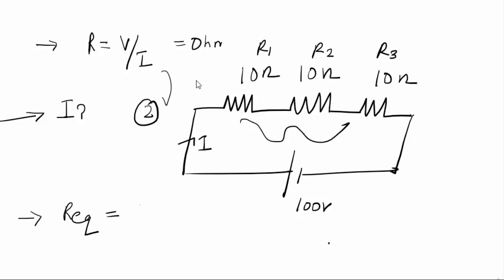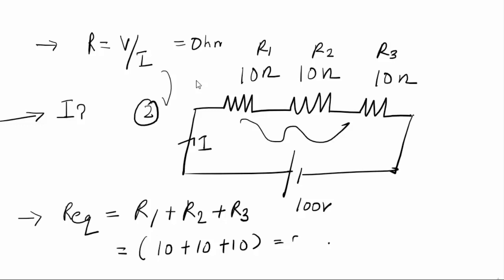The equivalent resistance in the series case will be the summation of all the resistances, so it will become R1 plus R2 plus R3, and the equivalent resistance is 10 plus 10 plus 10 equal to 30 ohm. So the current in the circuit will be equal to the voltage divided by R equivalent.